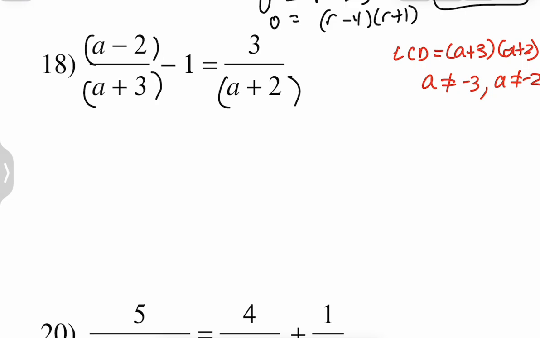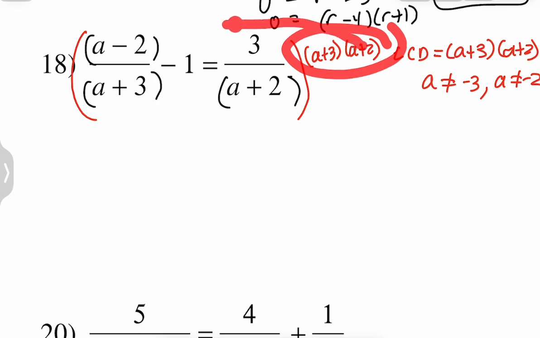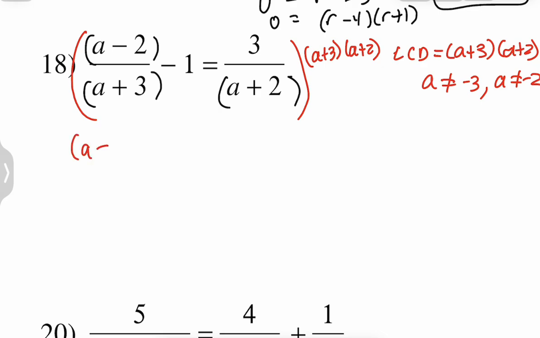Okay. So surround your equation by parentheses. Over here on the side, we're going to multiply by a plus 3 and a plus 2. Now, when we do that, this first fraction, the a plus 3's cancel. So we're left with a minus 2 and a plus 2.